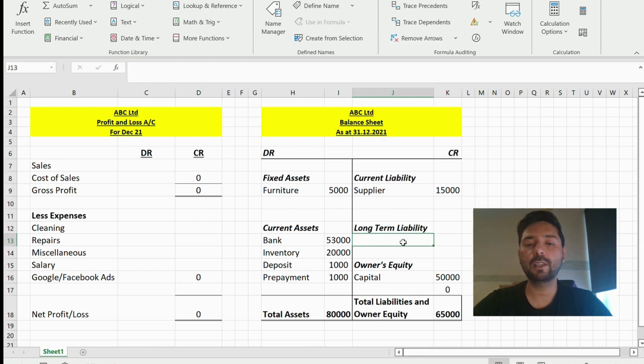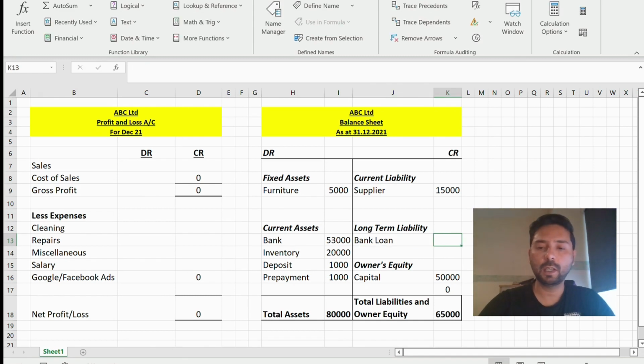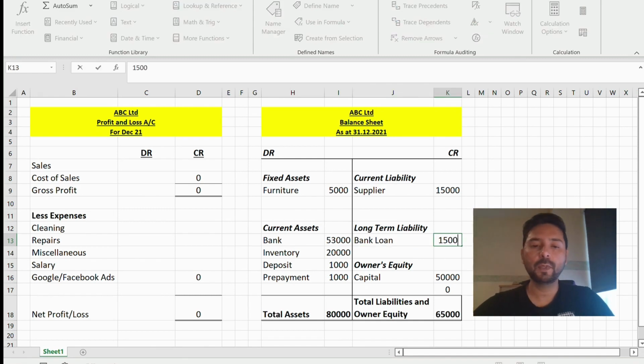So yeah, let's just put that 15,000 worth of loan that came into the bank in our long-term liability, assuming that it was going to be paid within 3 years, right? So bank loan, we created a long-term liability for us for 15,000 euros. Okay, right.